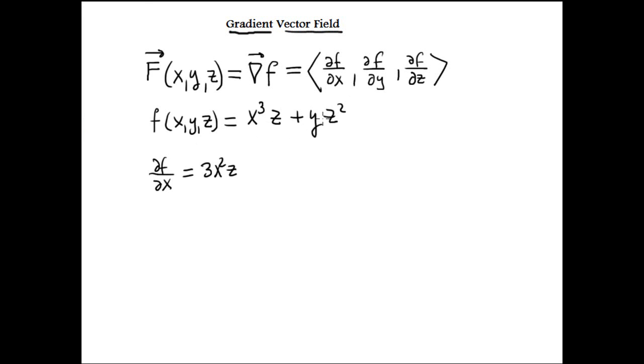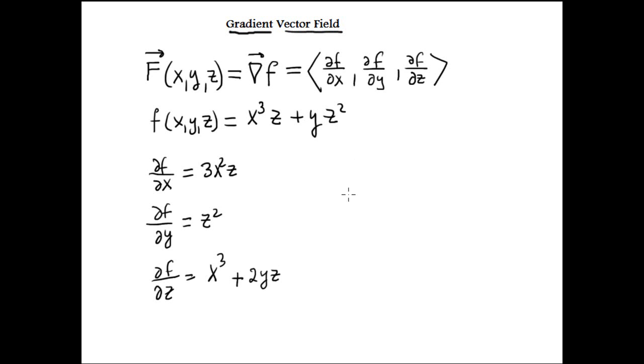and this term does not depend on x. Partial derivative of f with respect to y: there is no y dependence in the first term, and in the second term it is z squared. And the partial derivative of f with respect to z is x cubed plus, the other term, 2yz.